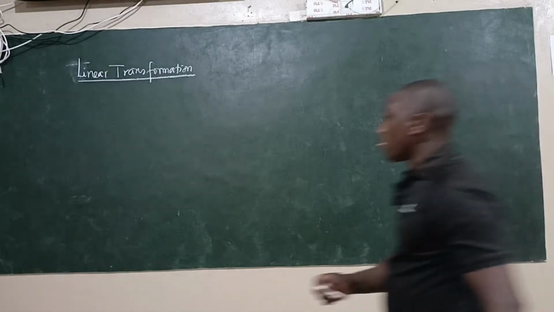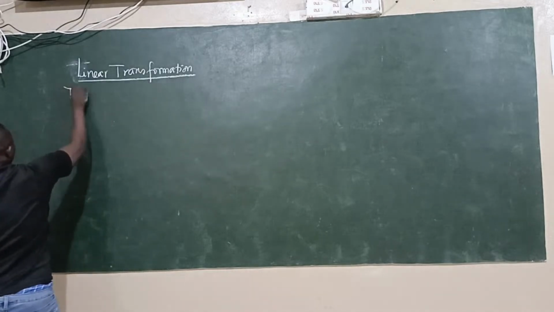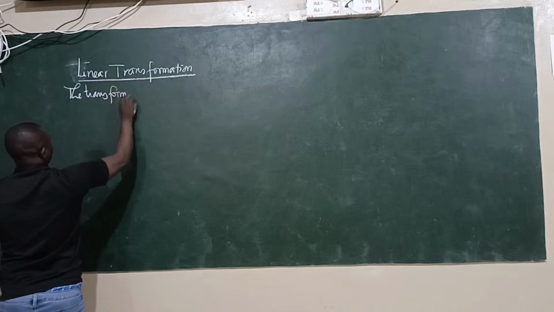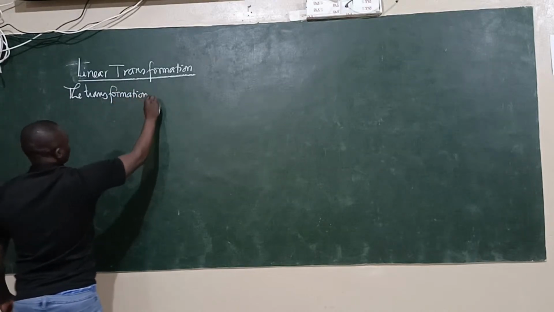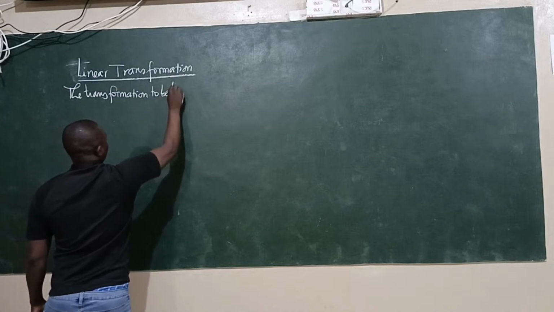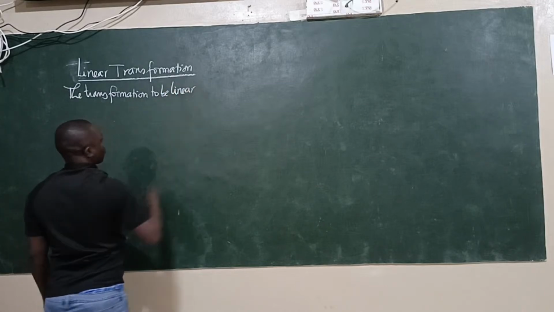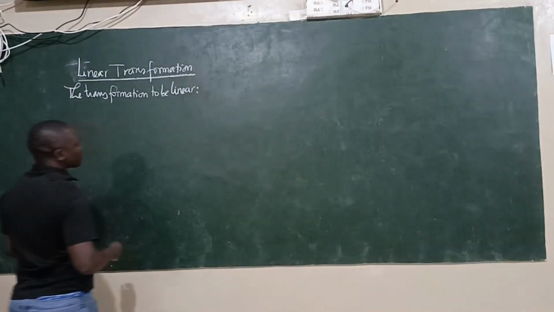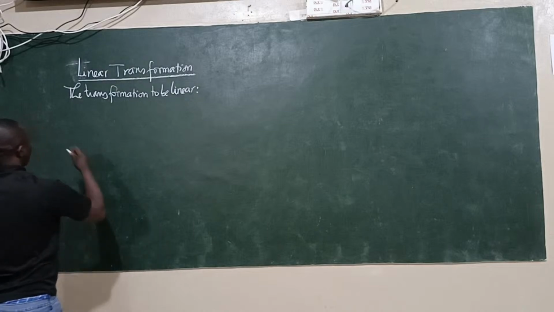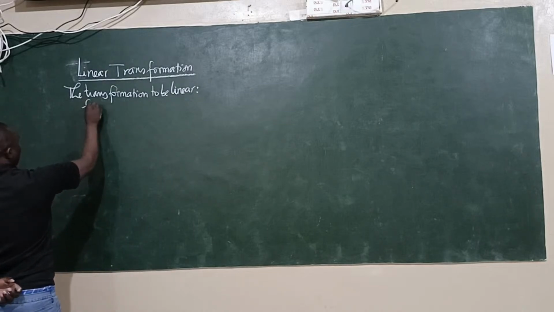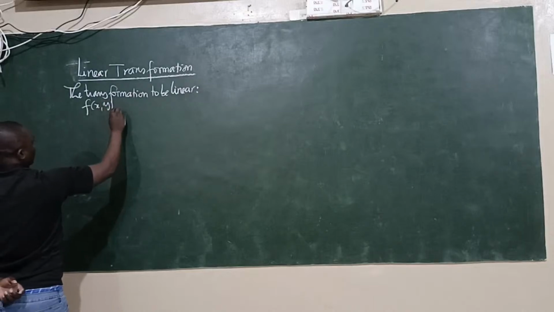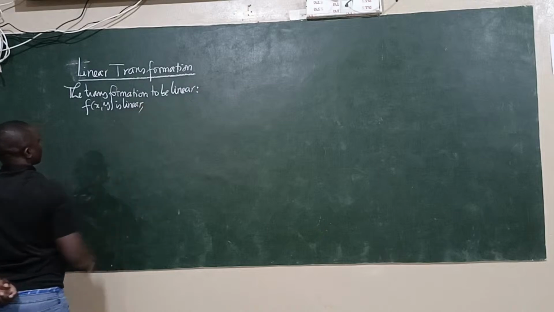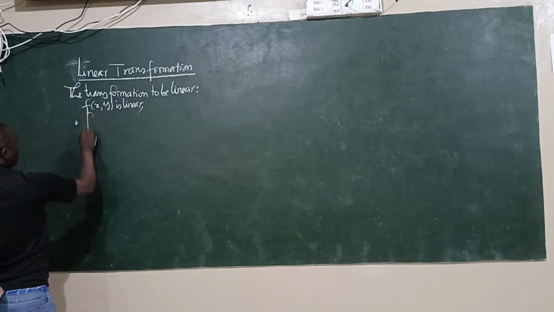And for the transformation to be linear, as you saw yesterday on our previous course, it must satisfy the following two properties. If f is linear, these properties must hold.